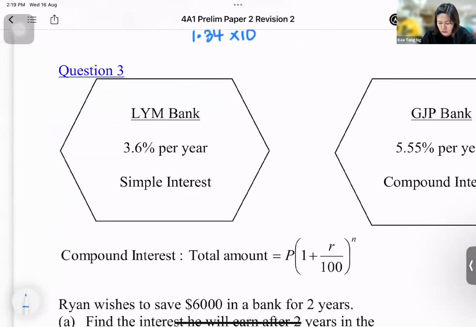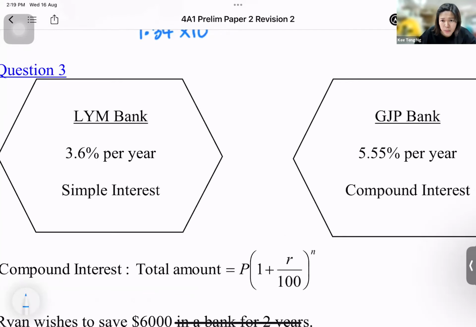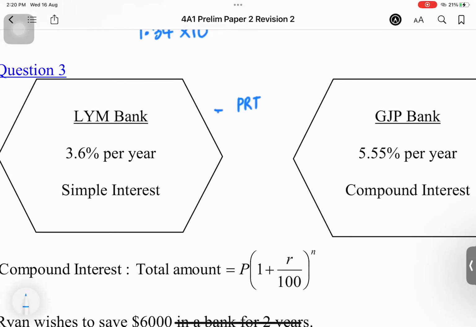Next one, we're going to revise simple interest and compound interest. Anyone can give me the formula for simple interest? PRT over 100. Okay, PRT over 100, but what equals PRT over 100? The interest. Then the total amount, that one is for which one?